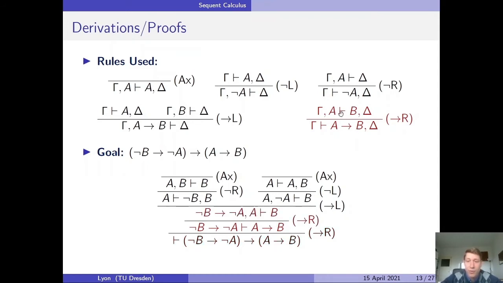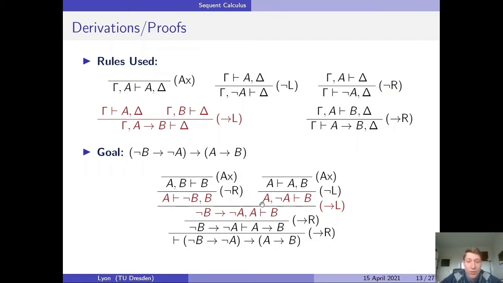Again, according to the rule, the antecedent of the implication goes to the left of the sequent arrow, and the consequent goes to the right. Now the only complex formula that we have occurring in this sequent is this not B implies not A. Since it occurs on the left, we apply the implication left rule. The implication left rule says that in the left premise, we take the antecedent and put it on the right.